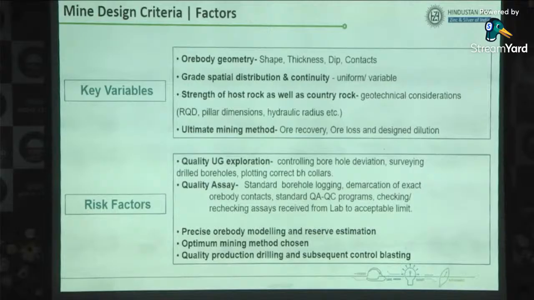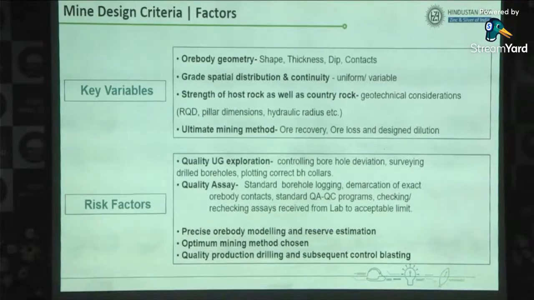The variables are ore body geometry. According to the ore body shape, we use both the transverse and longitudinal methods. We have some areas where the ore body width is 30 to 35, or 30 to 50 meter. In that area, we are using the transverse method.